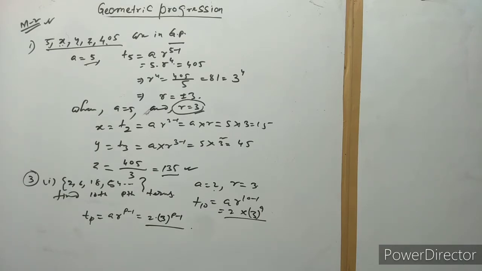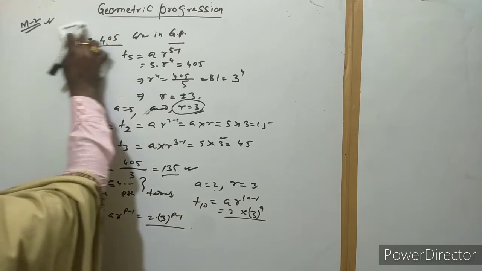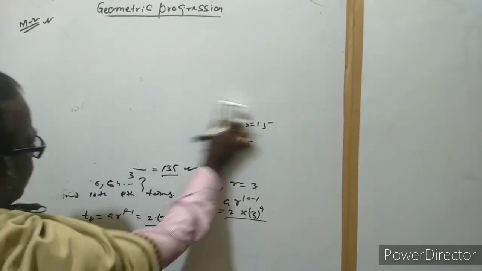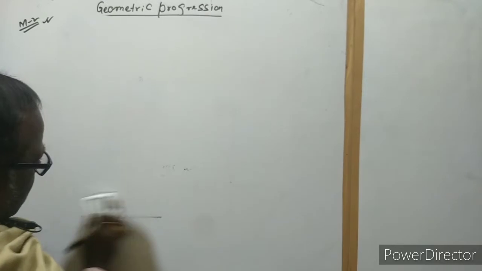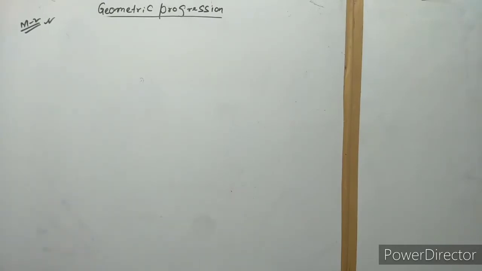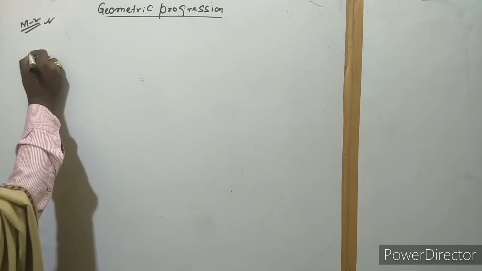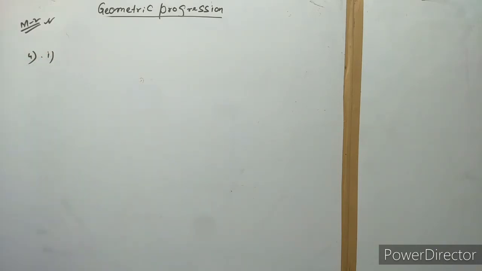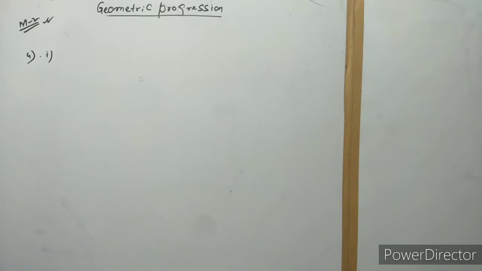Okay, so now the next question is the 4 part 1, for marks 2. The question is: the third term of a GP is the square of the first term, then find the 5th term.